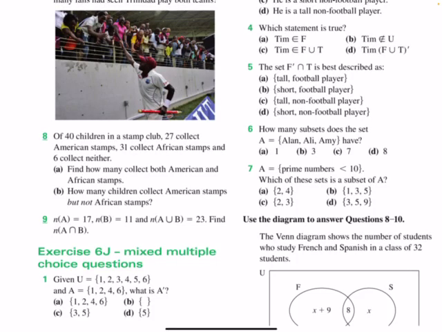Forty children in a stamp club, 27 collect American stamps, 31 collect African stamps, and 6 collect neither. The first step is to place this information in a Venn diagram. That's the first step.